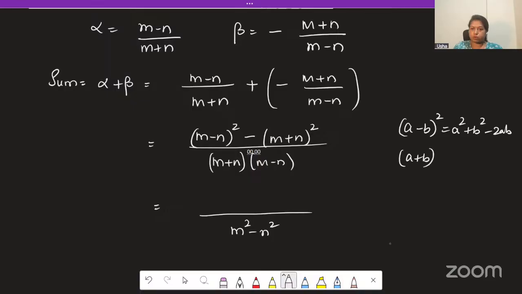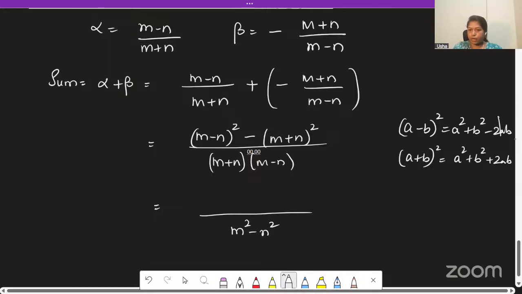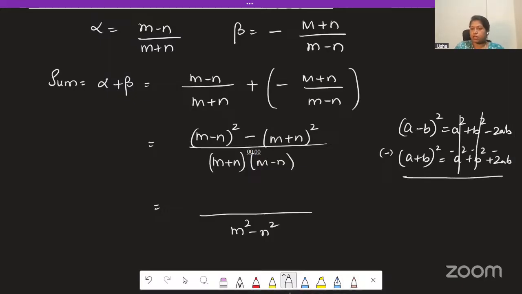A plus b whole square is a square plus b square plus 2ab, right? If you add them, minus 2ab plus 2ab gets cancelled. You will get 2a square plus 2b square. If you subtract them, now we are subtracting this, right? All this will become minus. So a square minus a square gets cancelled, b square minus b square gets cancelled, minus 2ab is minus 4ab. So here you are going to get minus 4mn.